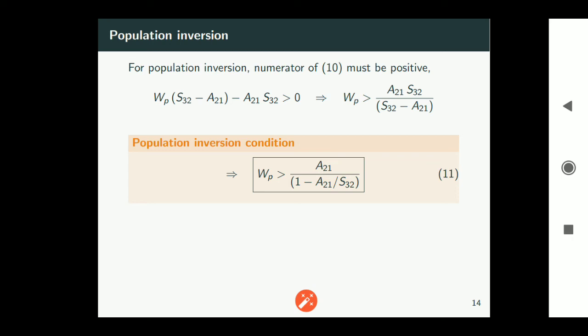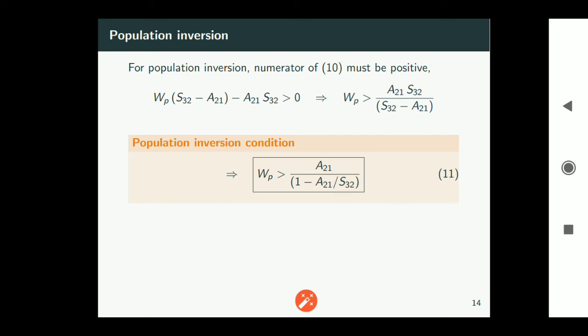So the condition requires that the radiation induced transition probability be greater than A21 divided by 1 minus A21 by S32. Correction: earlier I told you it should be divided by A21, instead it should be divided by S32. Anyhow, you can do that calculation, it's not a difficult thing.